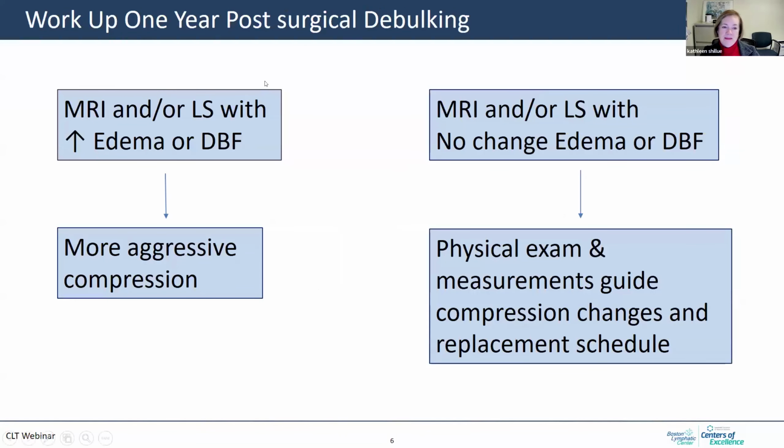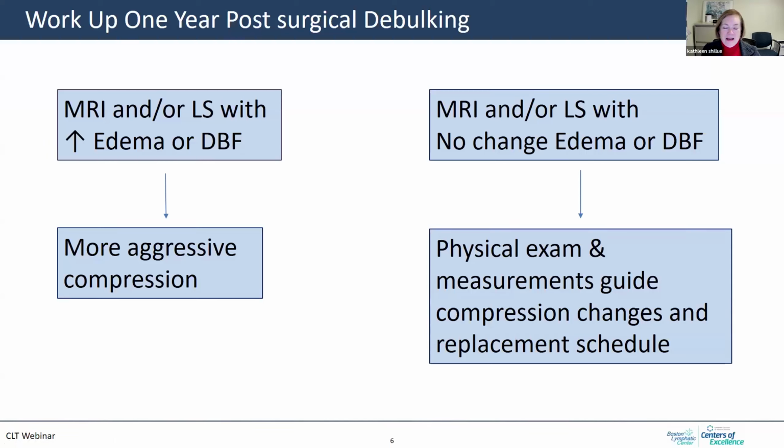After somebody has had a workup and a surgical debulking, and they proceed to a year after surgery, we're repeating the workup, we're repeating the MRI, we're repeating the lymphoscintigraphy, and that gives us some insight into how well the patient has been able to maintain. Do we see an improvement in the MRI? In other words, is there less fluid on board now after a surgical debulking?